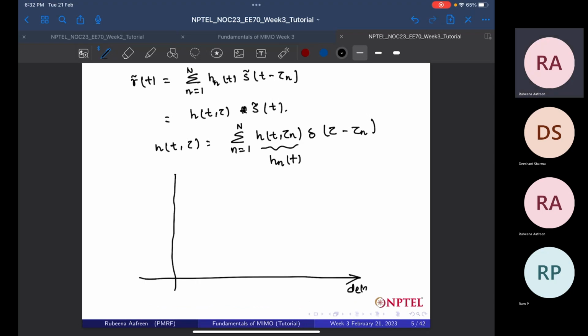So now what we are saying is that if this is the delay axis τ, the magnitude of the h_n(t) will vary with each delay, right? So to describe this, we take a new dimension, delay, and then we have this τ1, τ2, say any general τ_n.